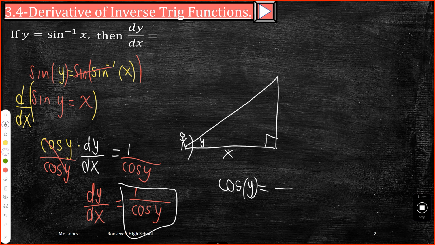Let's see here. dy dx is 1 over cosine y. What can we do here? I'm already labeling this x. Why am I labeling x?